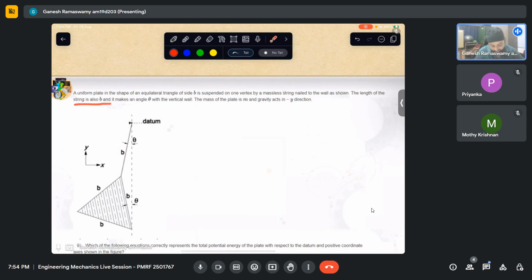So we have the string like that, and this angle is theta, what we have been given. The mass of the plate is m, and this is a uniform plate. So the centroid of the geometry coincides with the center of mass of the object, and gravity acts in the minus y direction. And this is given to be the datum.